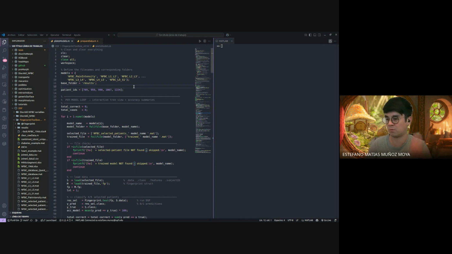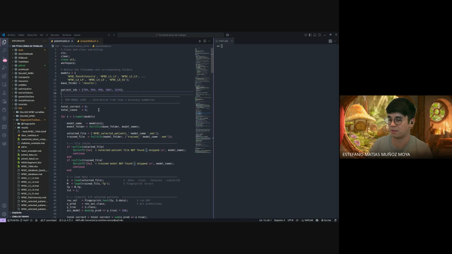The 6 models that we built were one for the low back pain intensity, and 5 models, each for one of the lumbar levels: L1, L2, L3, L4, L5, S1. So here we're going to test 5 patients and check the accuracy.